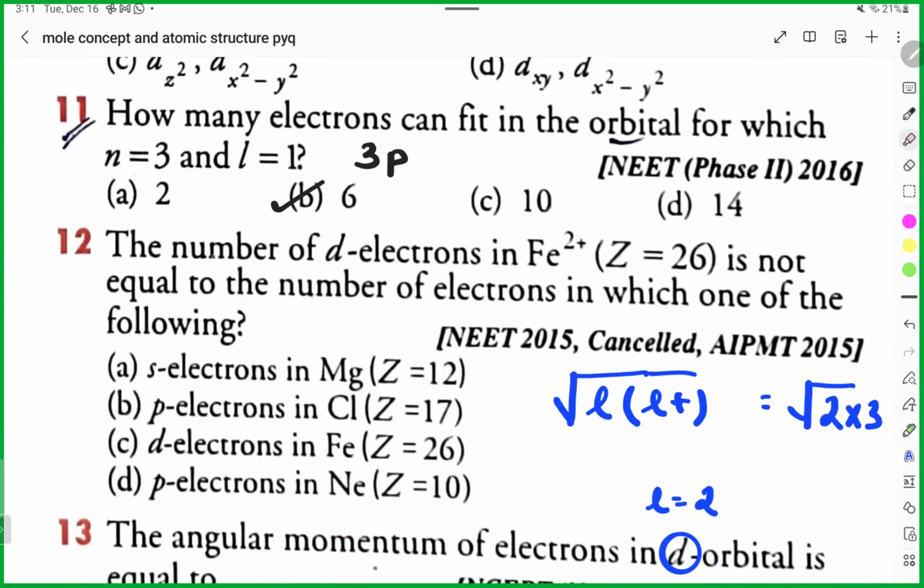Next, Pratigya. Number of d electrons in Fe2 positive. Fe2 positive, it will be 3d6. Correct. 3d6 is not equal to the number of electrons in which of the following?